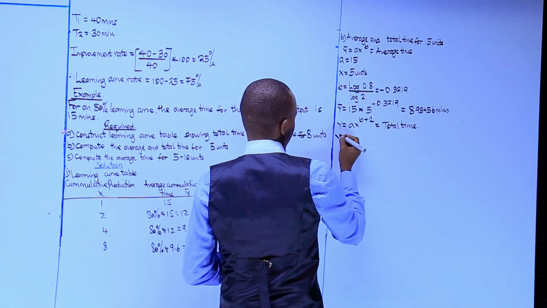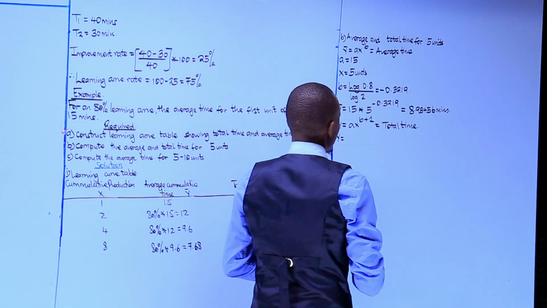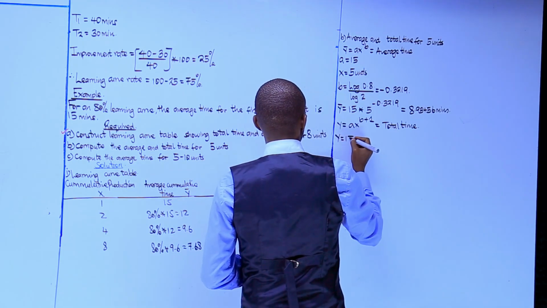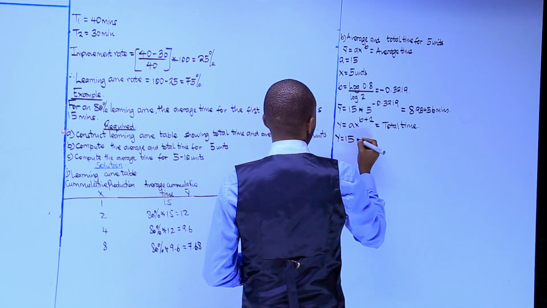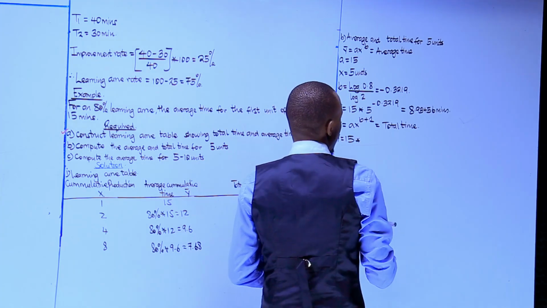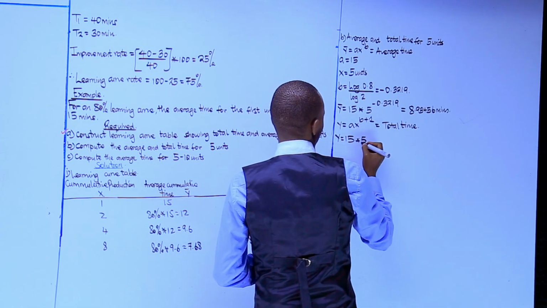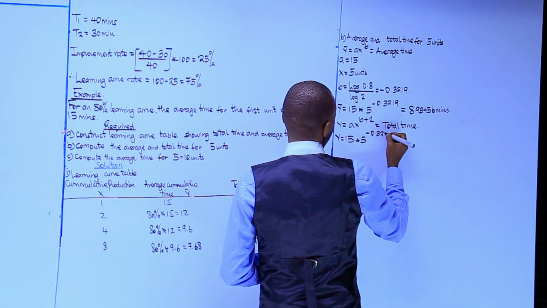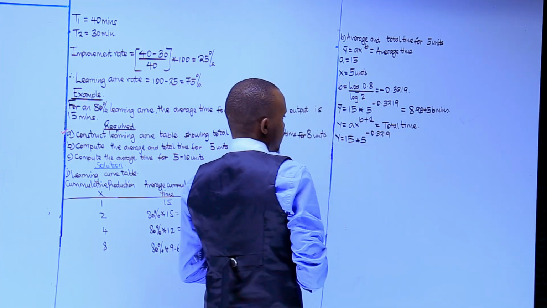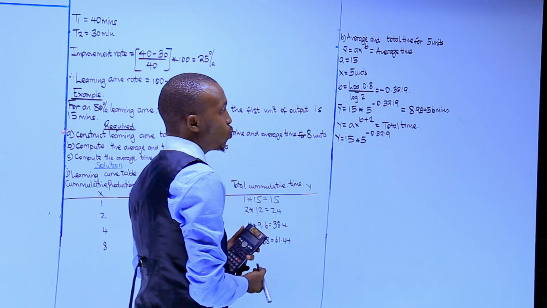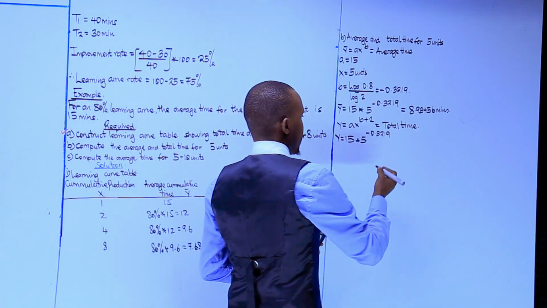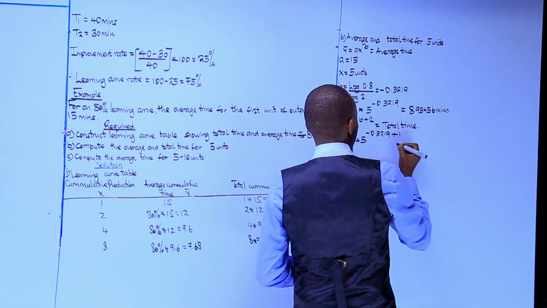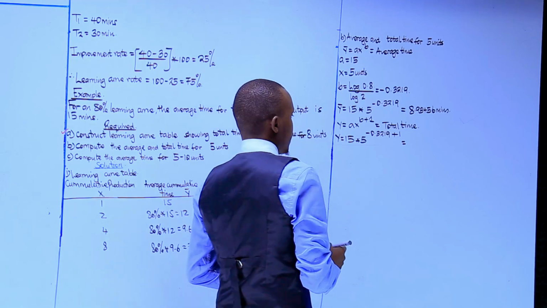You will say that Y is equal to the time of the first unit, which is 15, times 5 units, to the power of your learning curve index, negative 0.3219, plus 1.